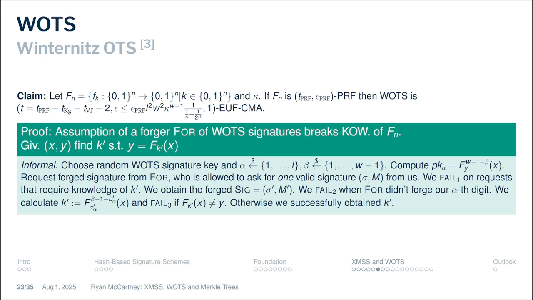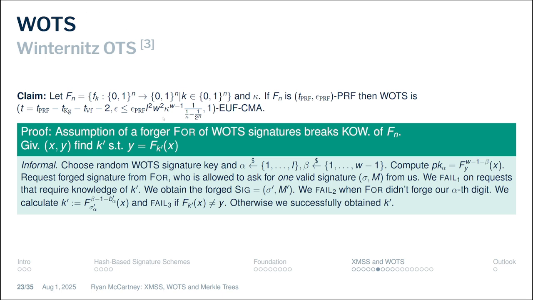Now we let the forger request a signature from us. Because of this 1 at the top here, he is allowed to request exactly one valid signature from us, which is denoted by sigma and m. We have a failure probability, many actually.